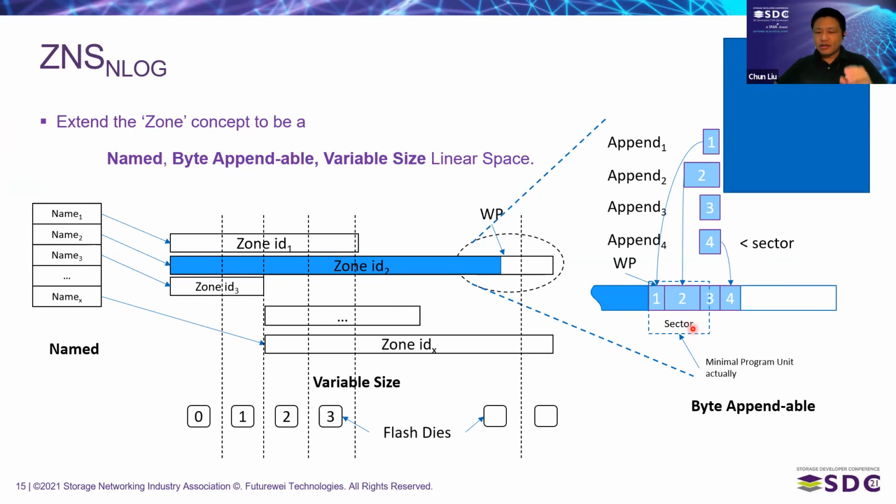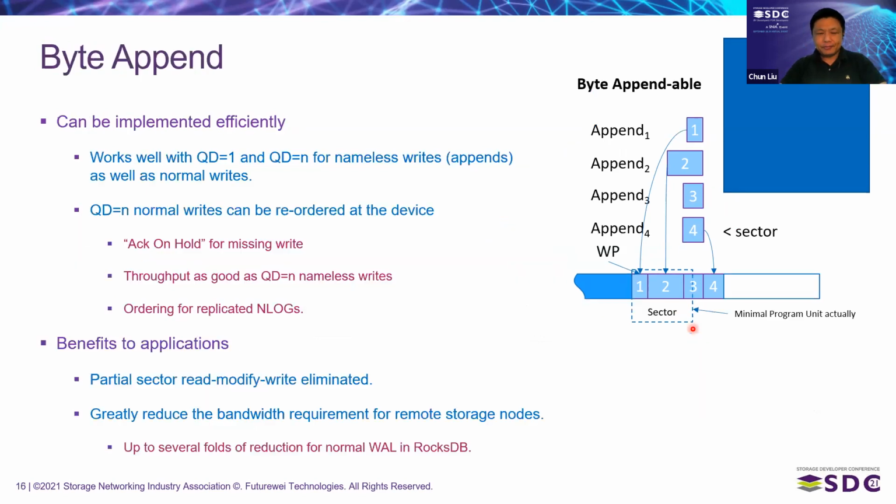Let's dive into the details for each aspect. Byte level write seems to be intimidating at first, but byte level append can be implemented efficiently. When the queue depth is 1, the nameless writes or appends can be implemented using a simple staging buffer, power protected.